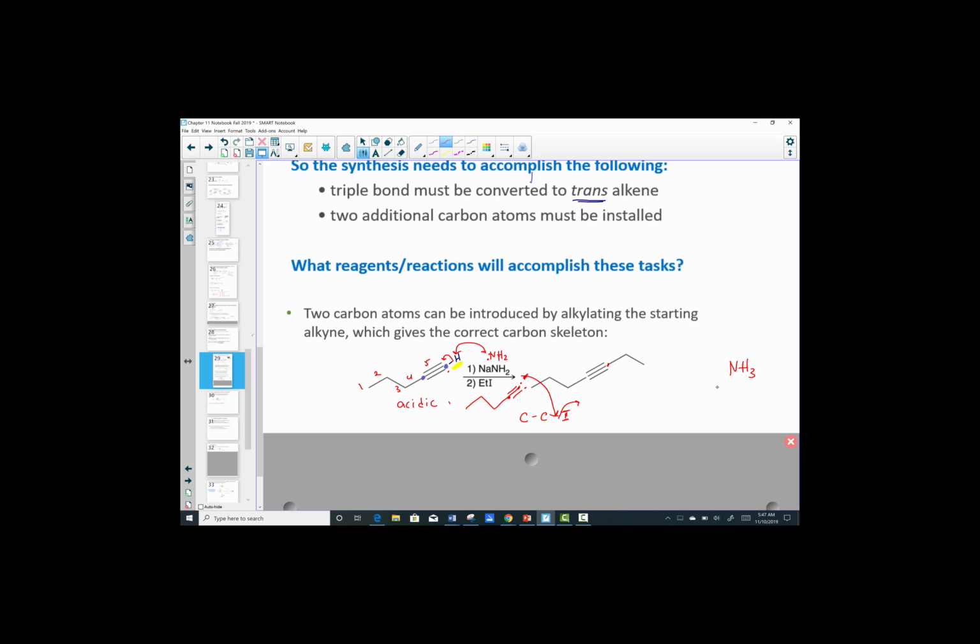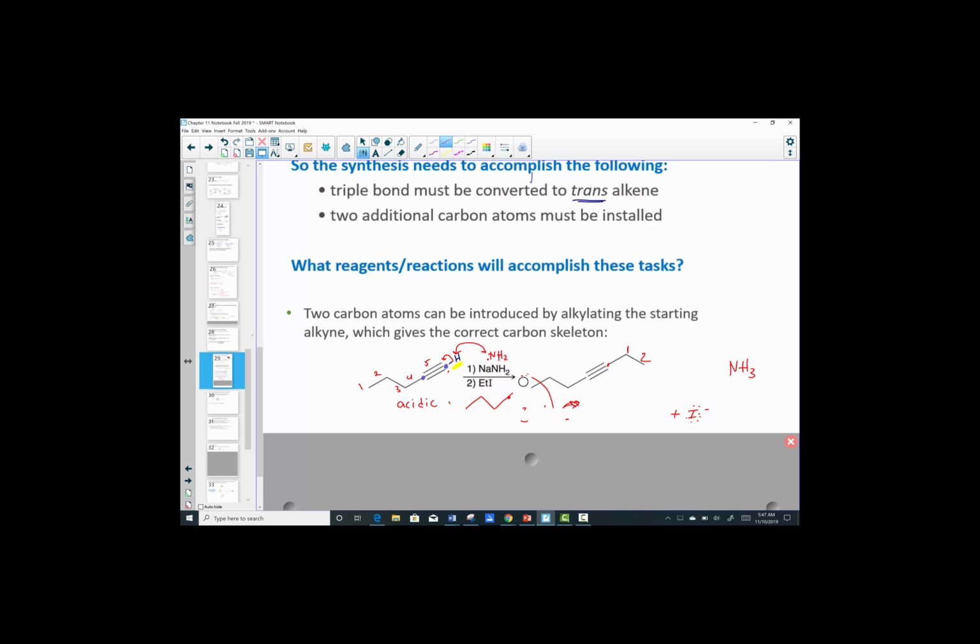So in the second step, the iodide has left, and that's now the new site of attachment. The negative electrons on the carbanion become the new bond to the carbon, because the electrons are going to go with the iodine.